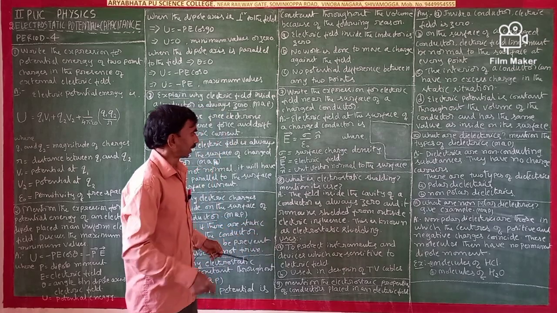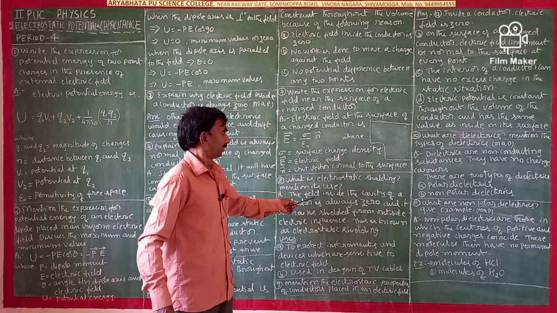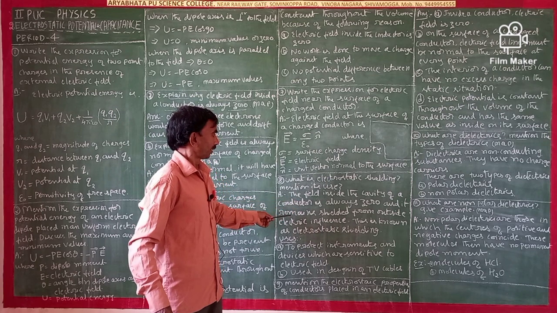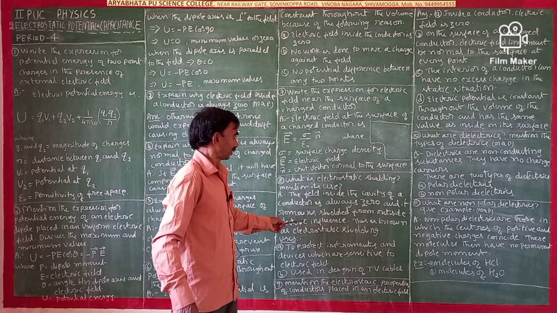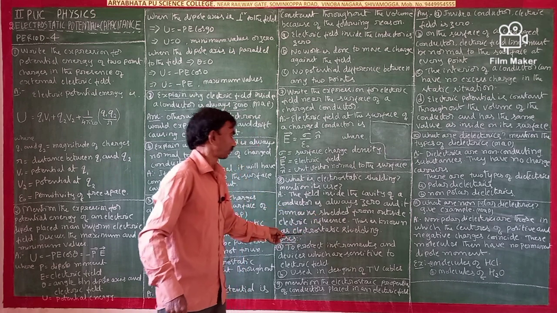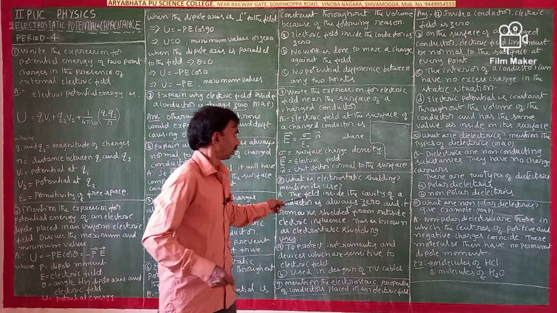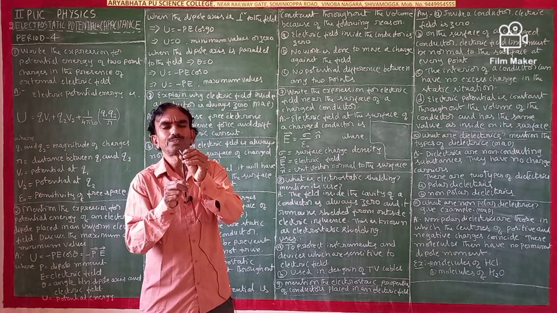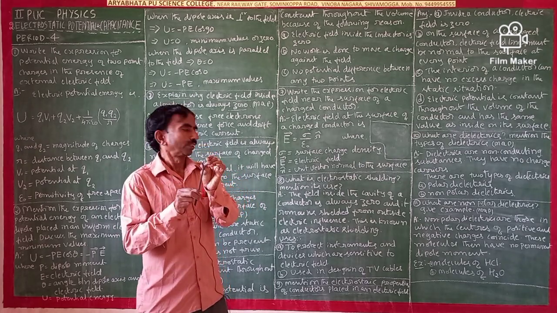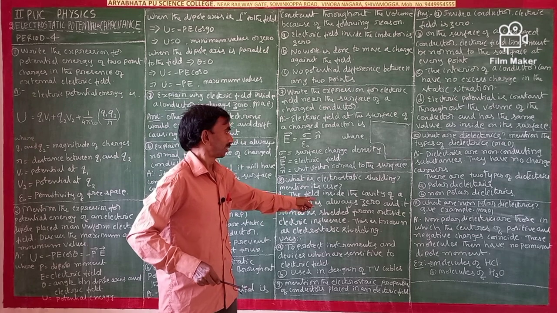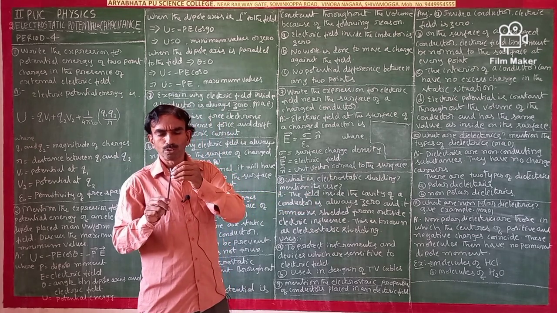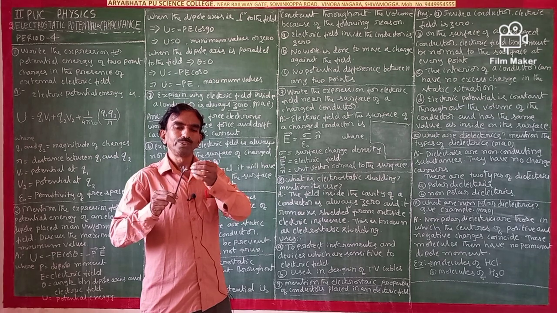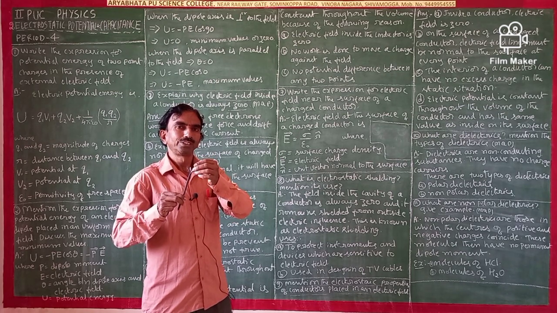So electrostatic shielding means the electric field inside the cavity of a conductor is always zero, and it remains shielded from outside electric influence. This is known as electrostatic shielding. You see this copper wire, the cavity of the conductor: within that thickness the electric field is zero.